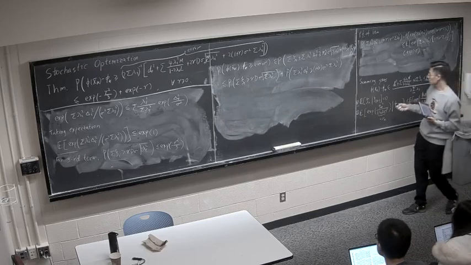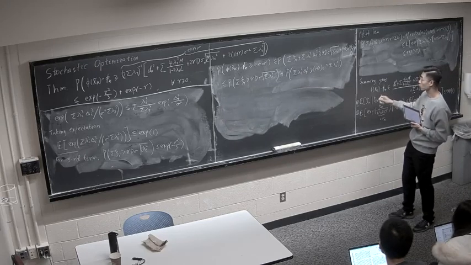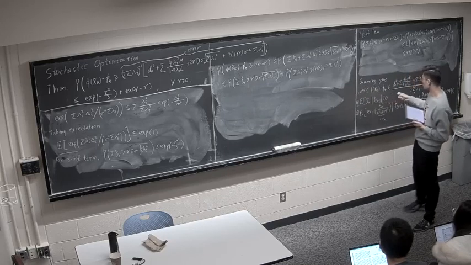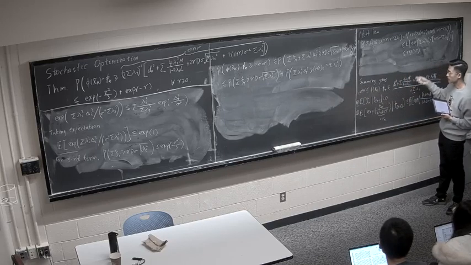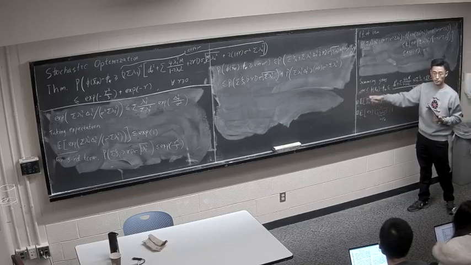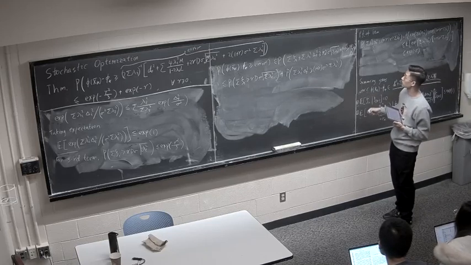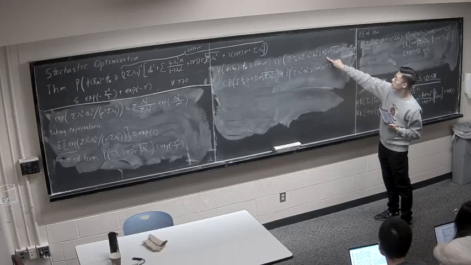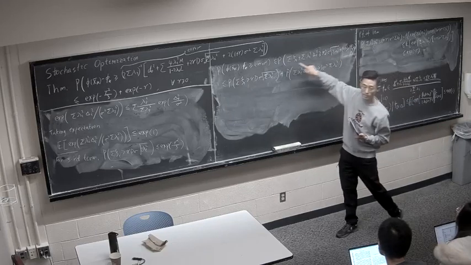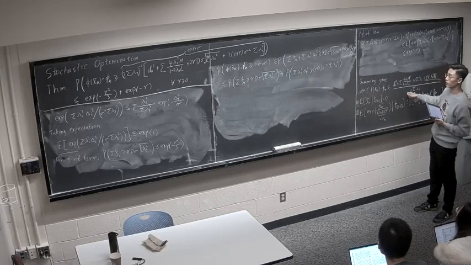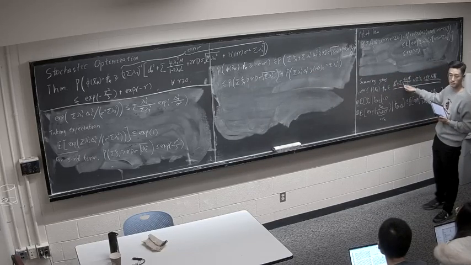So the probability that this is greater than or equal to the error is no more than the probability that this right-hand side is greater than or equal to the error, because this is always less than or equal to the right-hand side. That explains this bound, the right-hand side here, because comparing the error with this term, you can cancel out the first and the second terms.